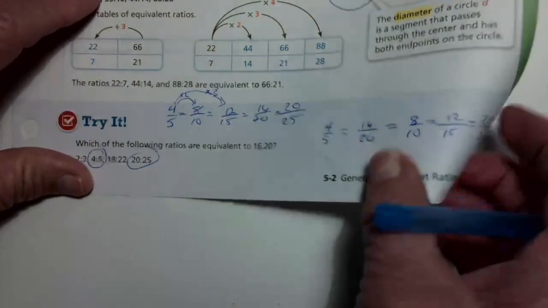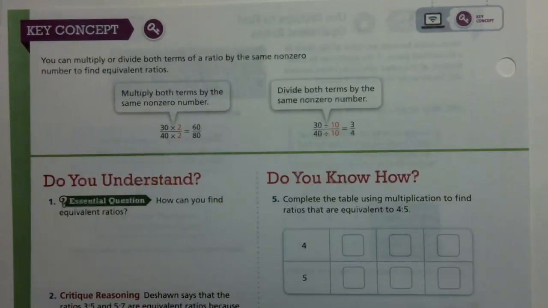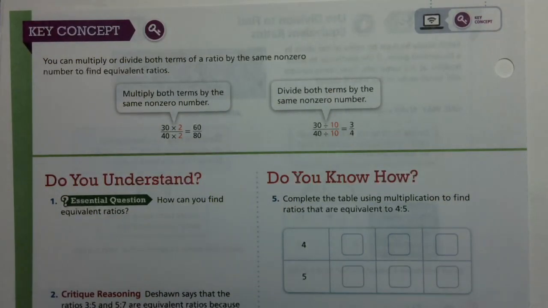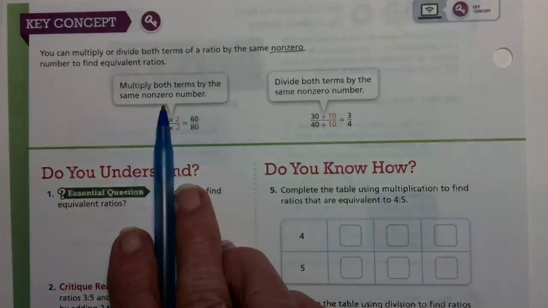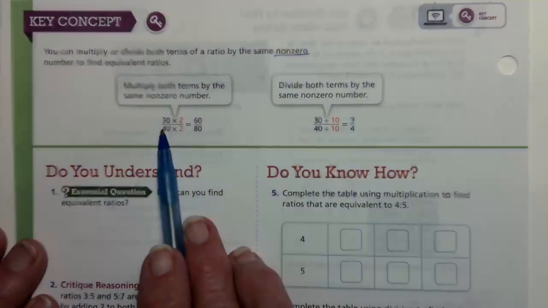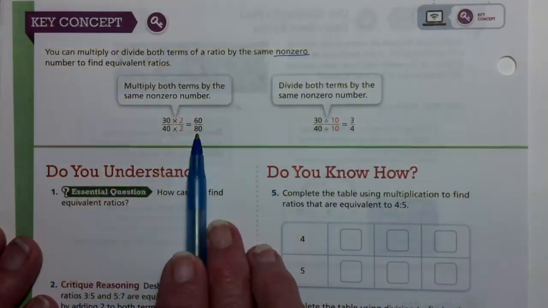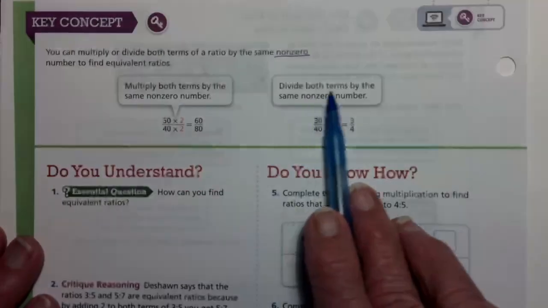All right, turn the page over. Key concept. You can multiply or divide both terms of a ratio by the same non-zero number to find an equivalent ratio. So I can either divide by something to go down in size, or I can multiply by something to go up in size. Either multiply both terms by the same non-zero number, 30 times 2 is 60, 40 times 2 is 80, or divide both terms.